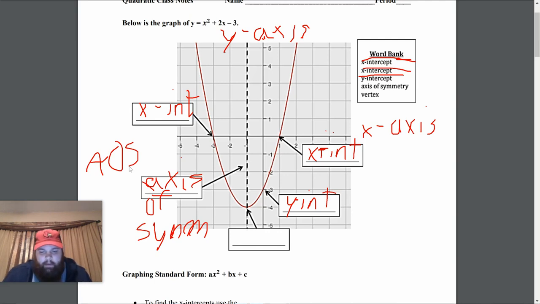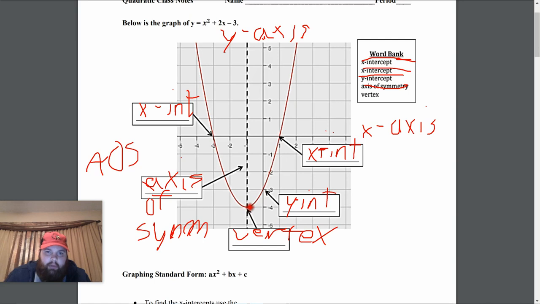All right. So the last one, we could kind of cheat here and say, well, we know everything else, so this has to be the vertex, right? So that's the vertex. But just to clarify, the vertex is always on this axis of symmetry here, and it's going to be right where it meets right here.